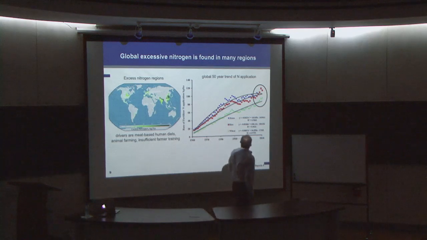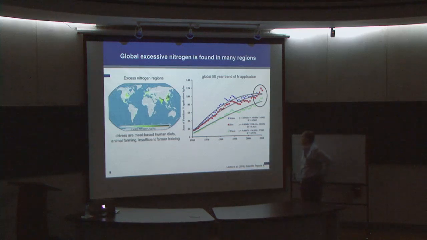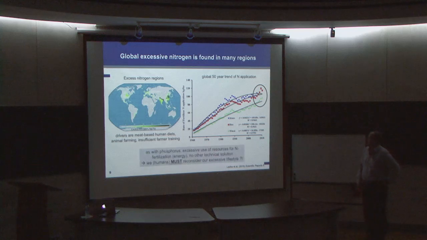And the global 50-year trend of nitrogen application here up to about 2010 for maize, rice and wheat, it's hard to see actually, you can see it's still somewhat rising, this fertilizer application per field.